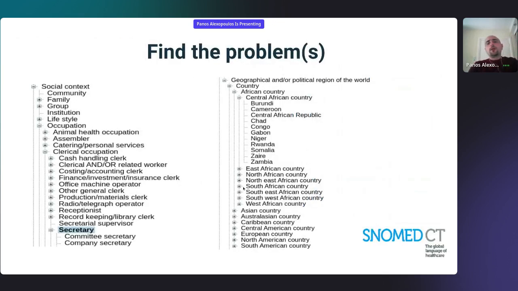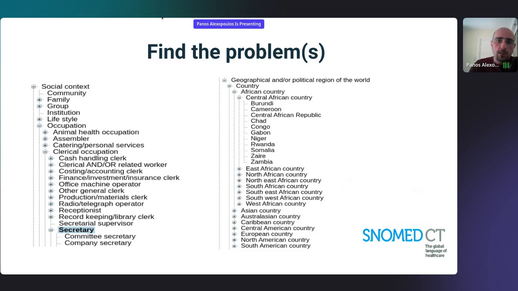Now, I would like you to take a look at this ontology here. This is actually a subclass taxonomy, a class taxonomy from the SNOMED ontology. So all that you see here are classes, and the relation between these is superclass. Can you detect any problem here?